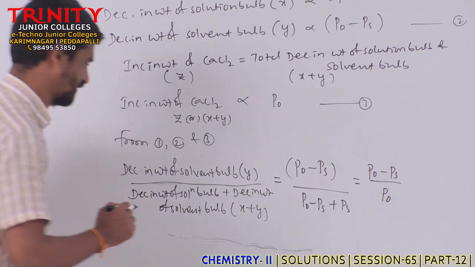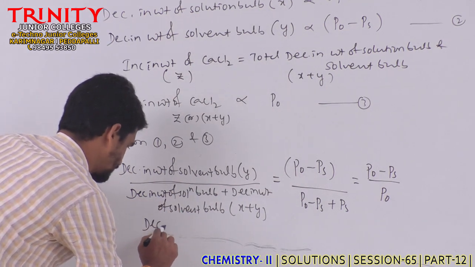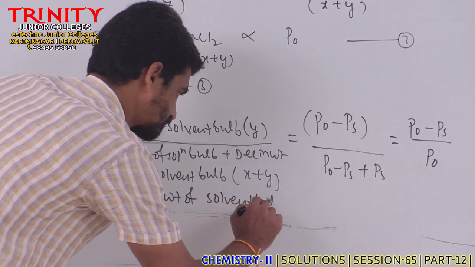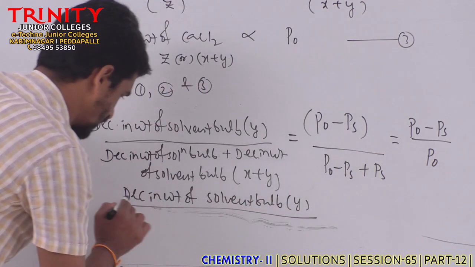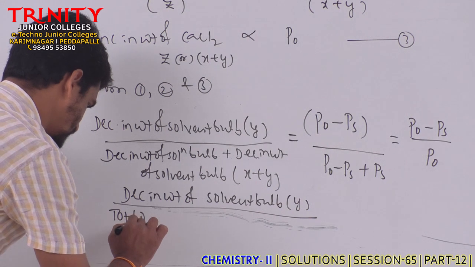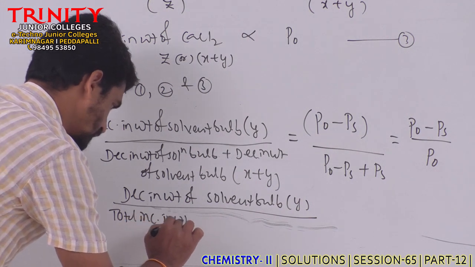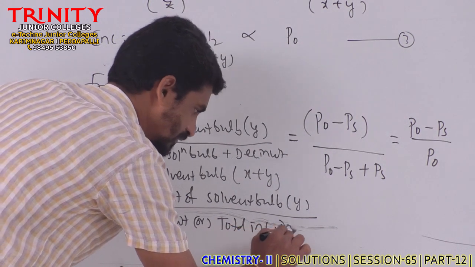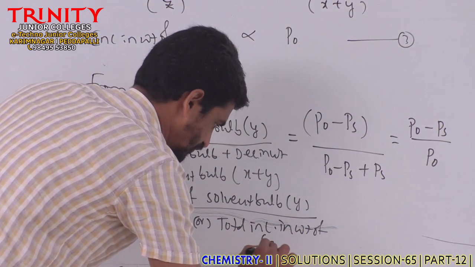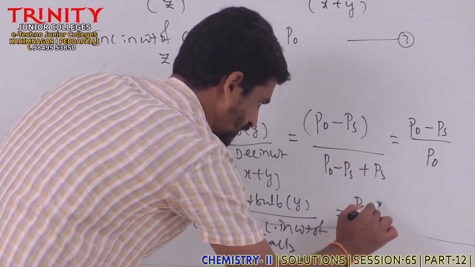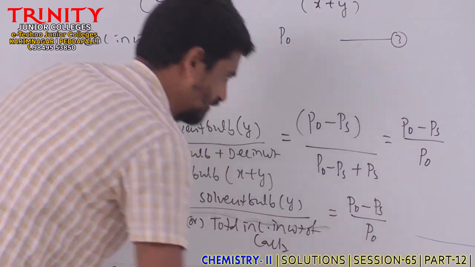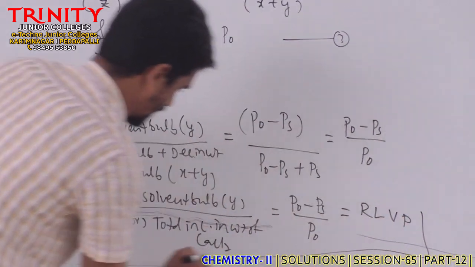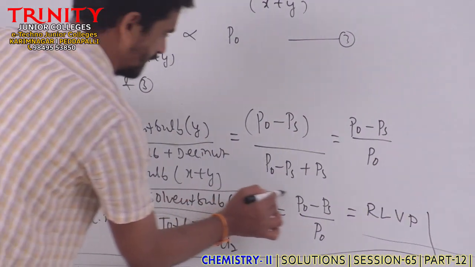So we can say the decrease in weight of solvent bulb, Y, by total decrease in weight or total increase in weight of CaCl2 is equal to P naught minus Ps by P naught, that is nothing but RLVP. Like this we can calculate RLVP experimentally.